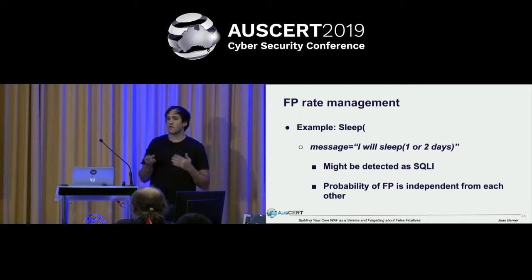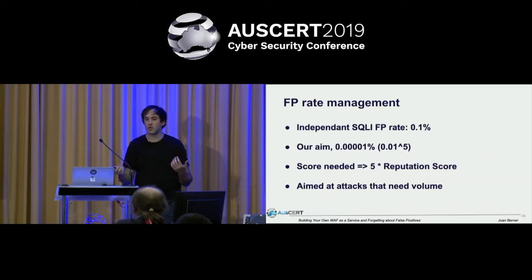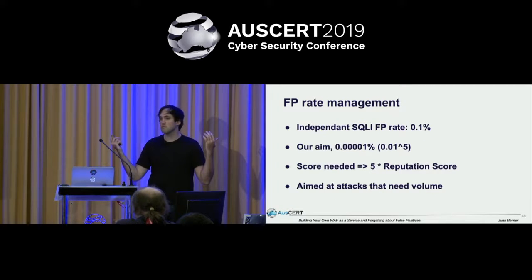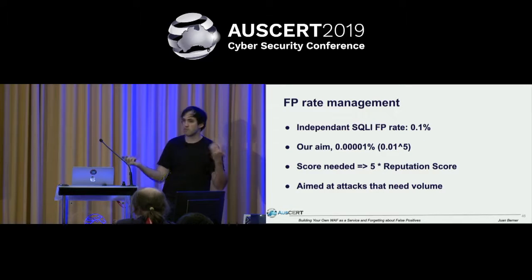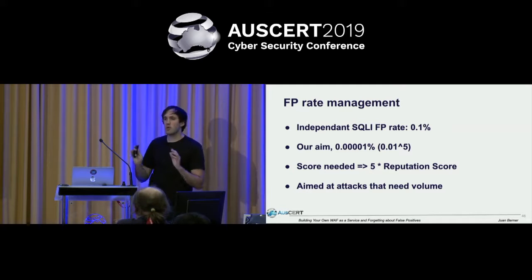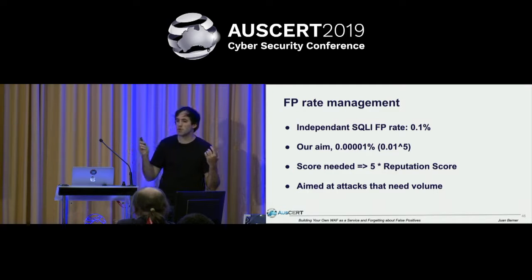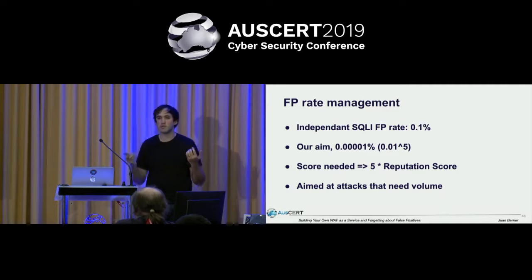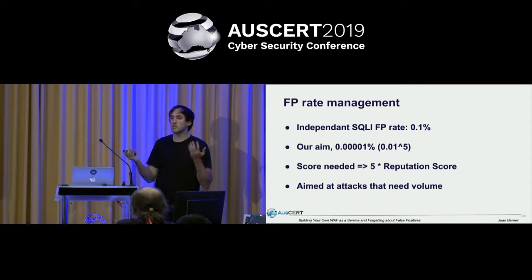Now, if you say that, for example, SQL injections with mod security have a 0.1% false positive rate, that's pretty high. But if we go with a very naive approach and we say, we actually want to get to 0.0001%, which is going to be close to nothing from your perspective, then you will say, okay, I just need a score of 5.